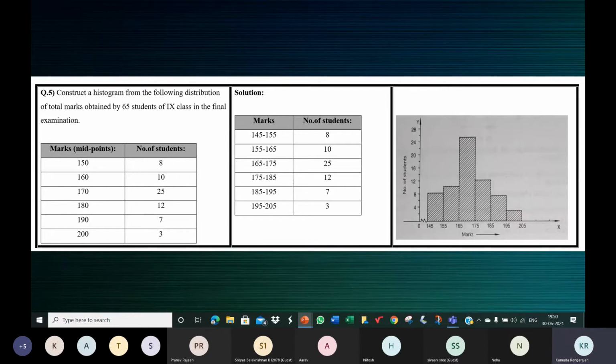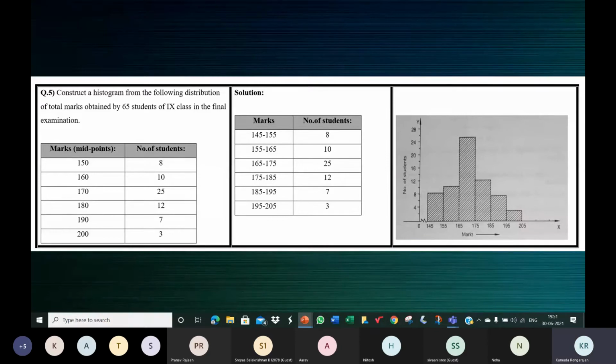So when we take 1 centimeter, 4 units, children, how will you mark 7? Ma'am, between 4 and 8, ma'am. Between 4 and 8 is not 7, no? Between 4 and 8 is 6. Okay, it will come between 4 and 8. Yeah, that's right. One unit below 8.